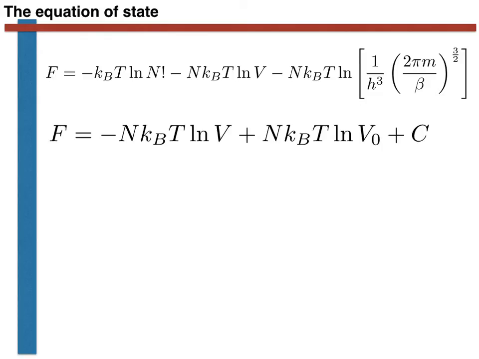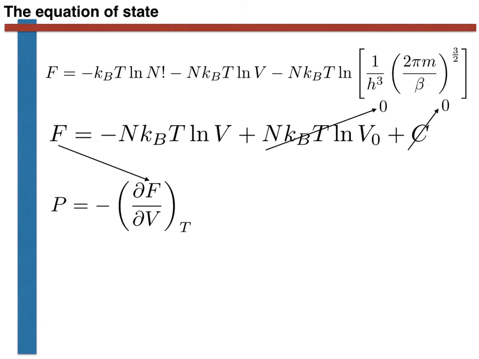To get the equation of state, we need to remember that the pressure is equal to minus the derivative of the free energy with respect to the volume. When we insert this expression for the free energy, we find that the second two terms here are equal to 0, as the derivative of a constant is 0.